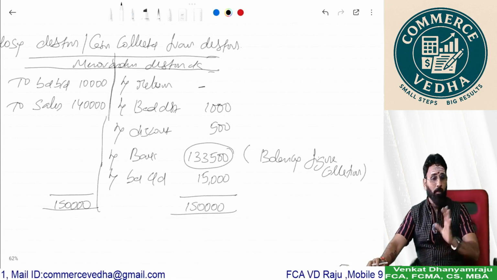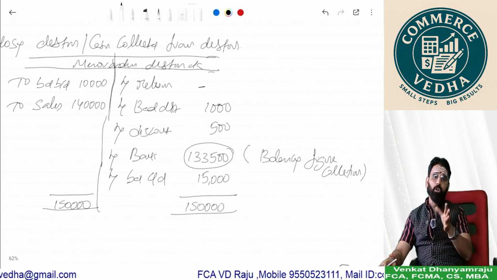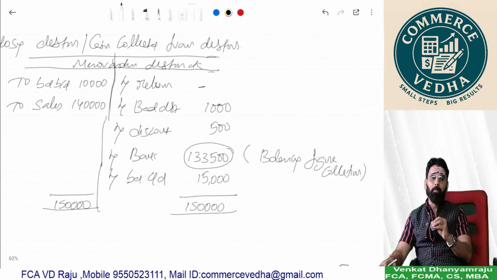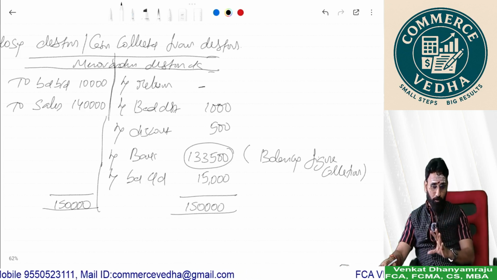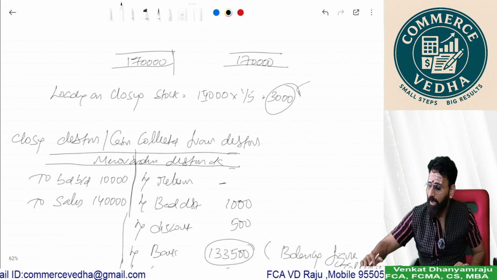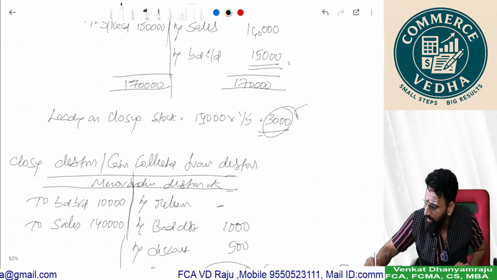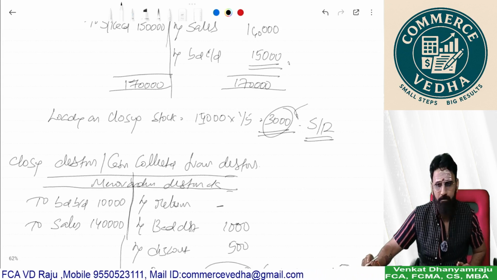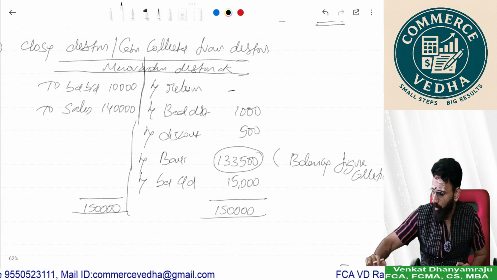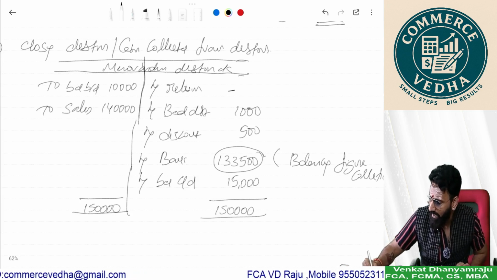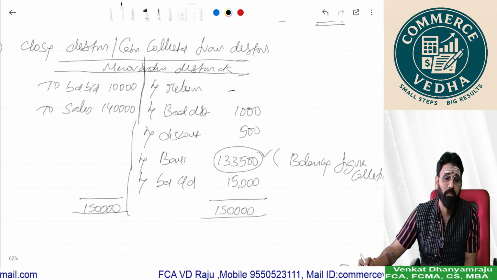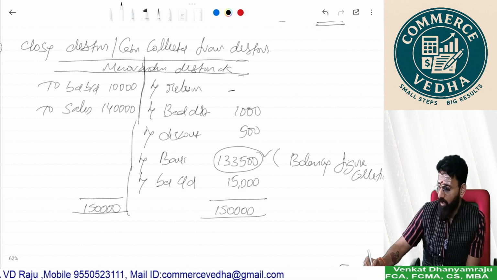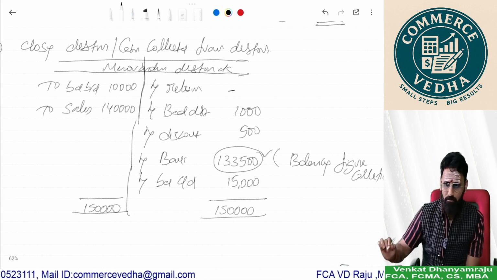So I prepared the memorandum stock account to identify closing stock at invoice price, and immediately from that stock I identified the loading, that is called stock reserve closing. And I prepared memorandum debtors to identify the collection, because in this question closing debtors is given, so the missing figure is collection.